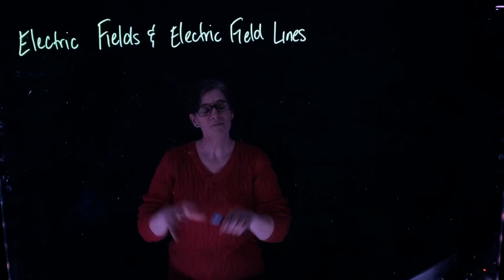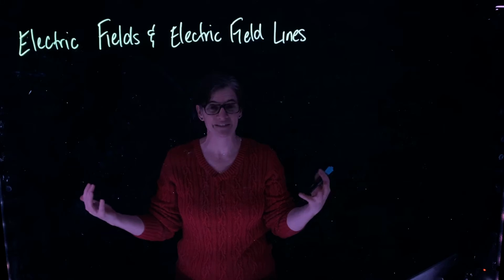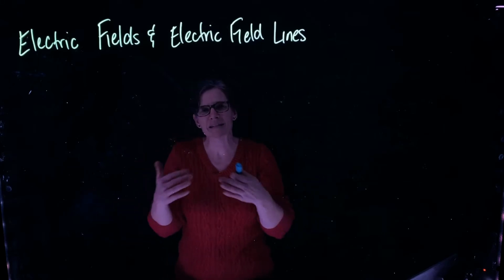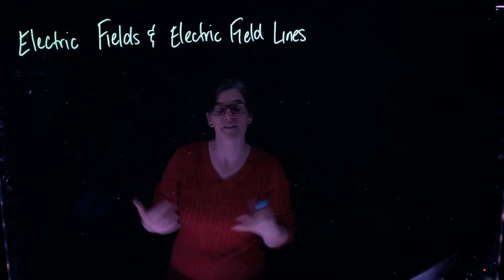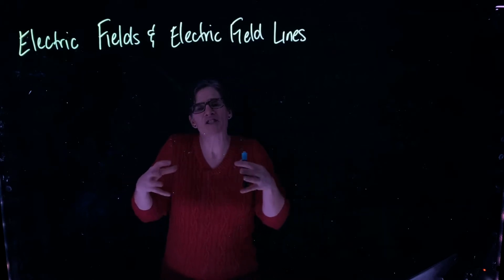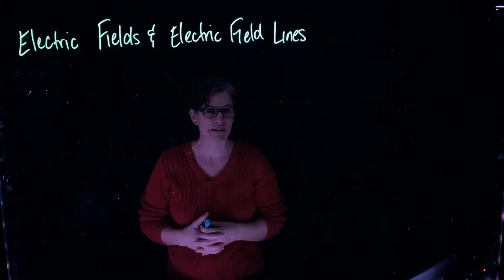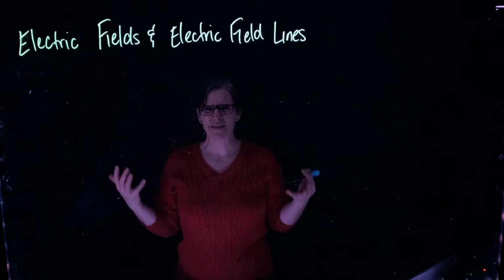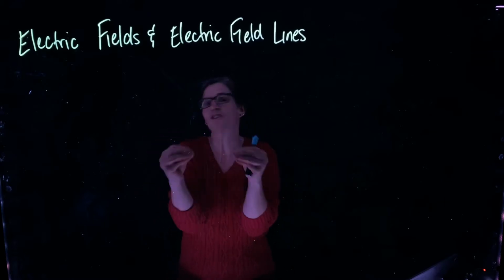Okay, so the idea of an electric field or any field is that the presence of a particle, whether it be an electric particle in our case or a massive particle in the case of gravity, by the sheer presence of it being in a space, it influences the space around it. Now, why might we think that? Well, when we have two charged particles, we know they interact with one another.